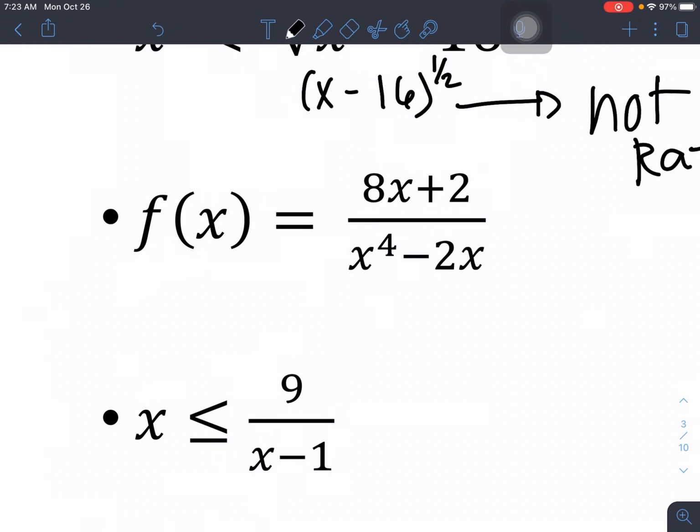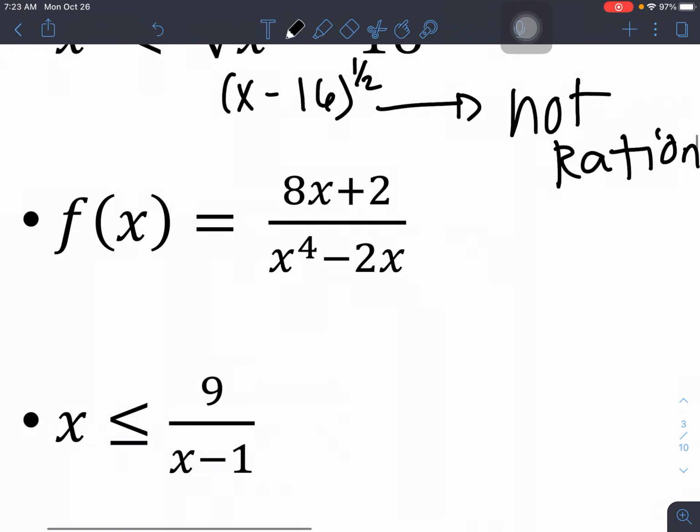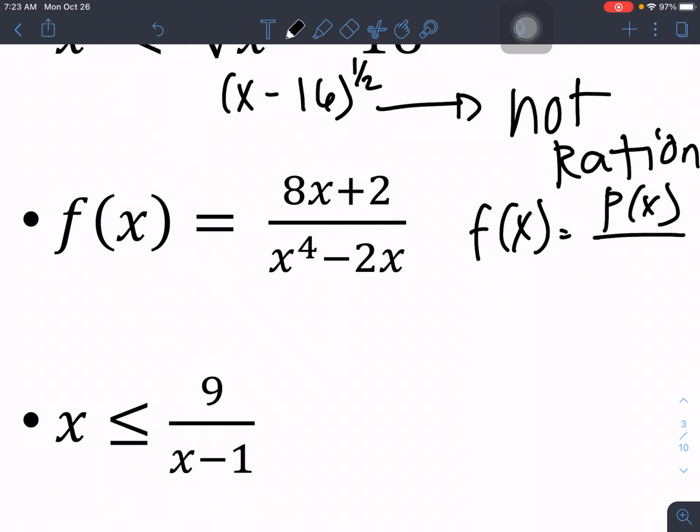Next, f of x is equal to 8x plus 2 over x minus 4 minus 2x. So the form is familiar: f of x is equal to p of x over q of x.